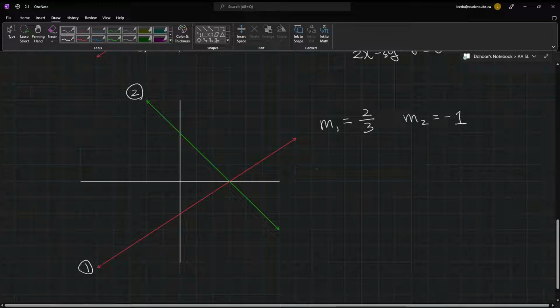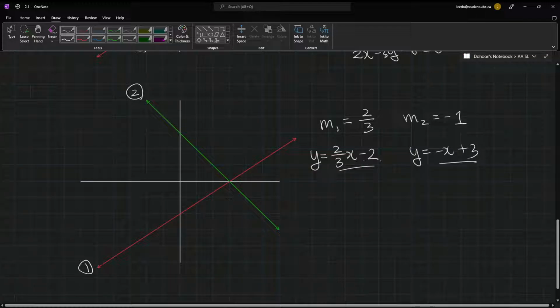Let's see. So, like last time, the first line is y equals 2 over 3 x minus 2. And the second line, y equals negative x, and the y-intercept is positive 3. What I'm going to do is put these 2 sides equal. Why? Because the y value should be equal for our intersection. Let's put the like terms together.